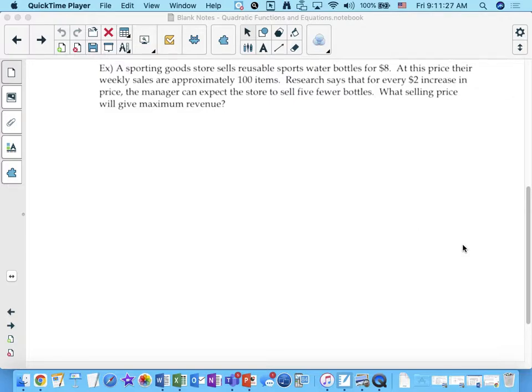Now the price is currently at $8, and then we can increase it in increments of 2. Every time we increase it in increments of 2, the number of items that we sell decreases by 5.